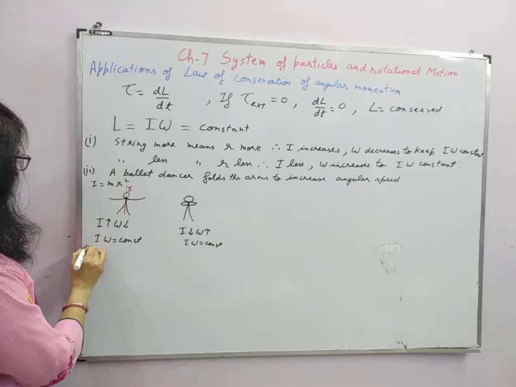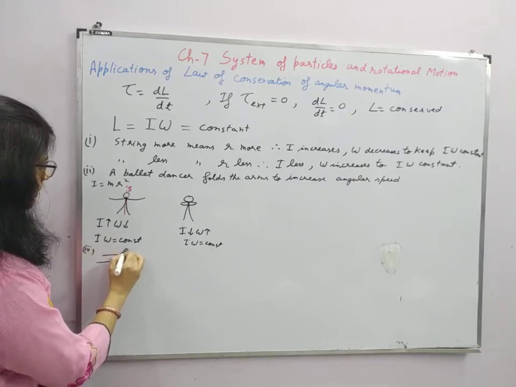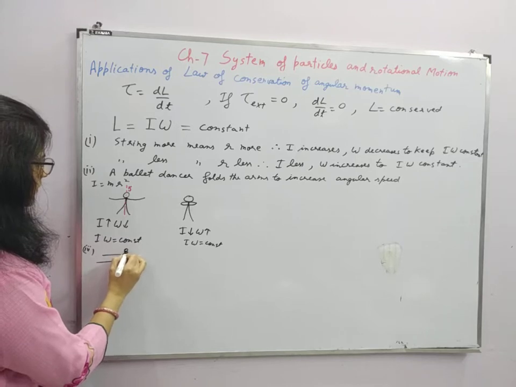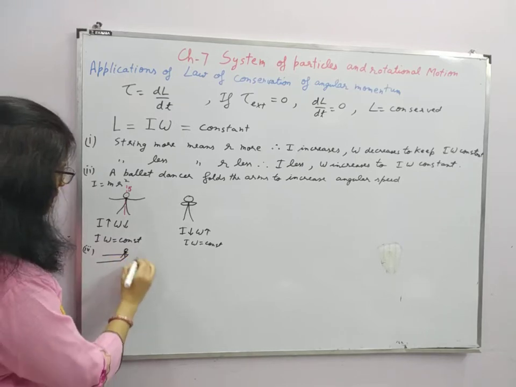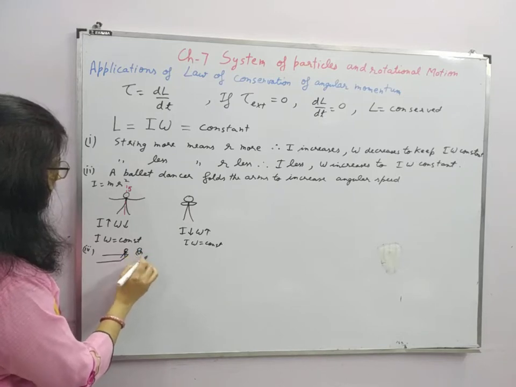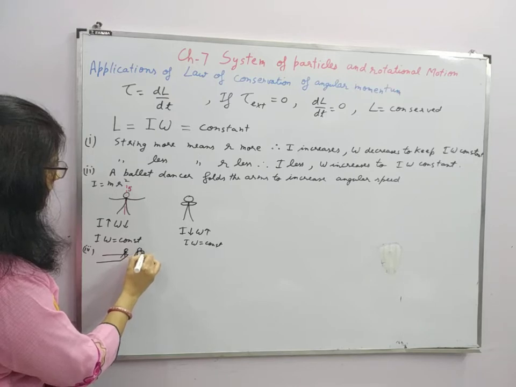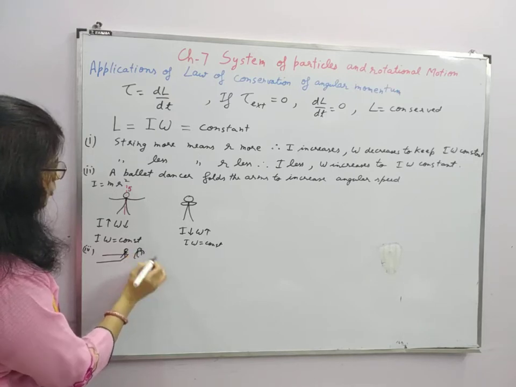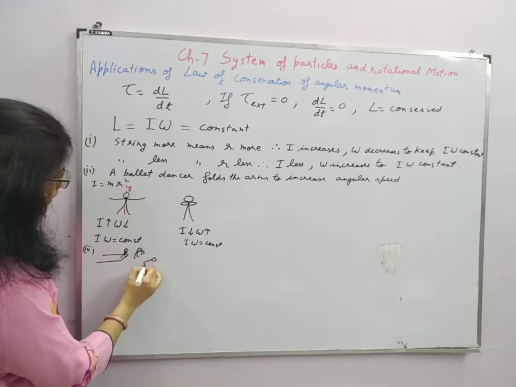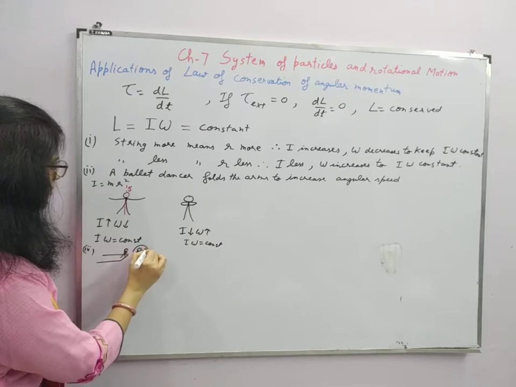Similarly, a diver takes somersaults while jumping into the swimming pool. So what does he do? He folds his legs and hands to show the somersaults. The body is a little bit folded because he wants to take the somersaults.